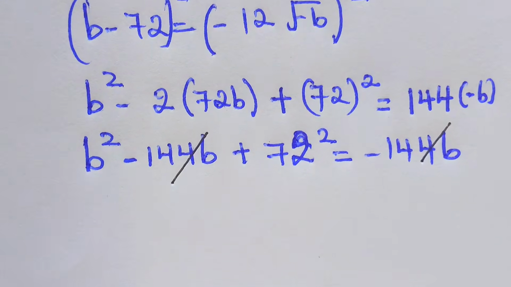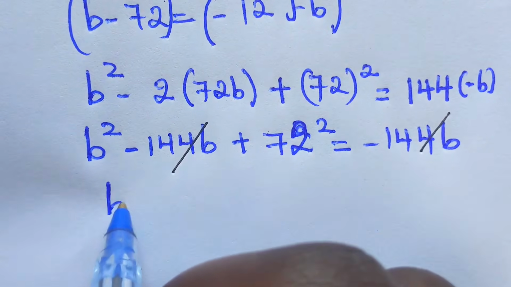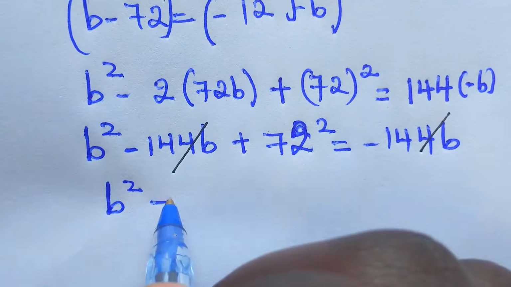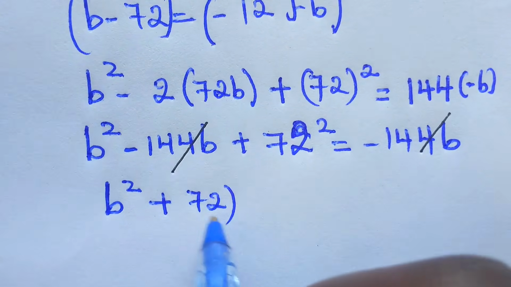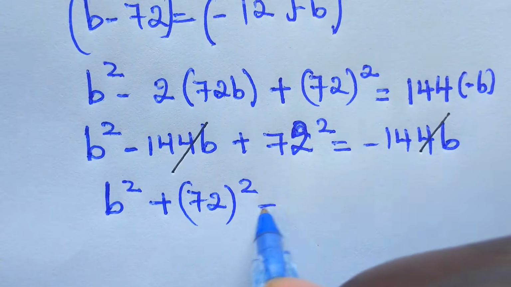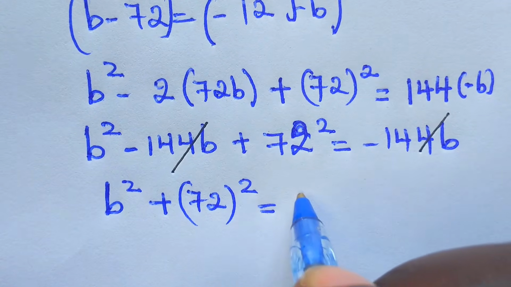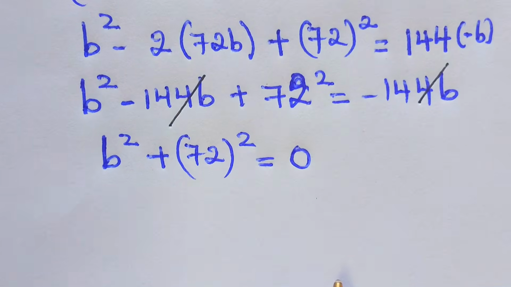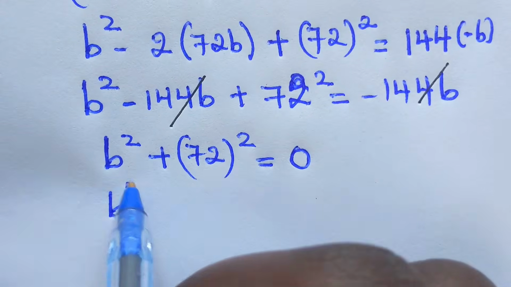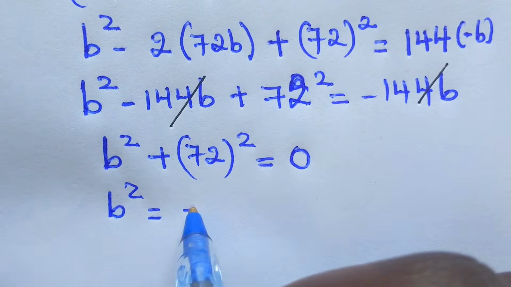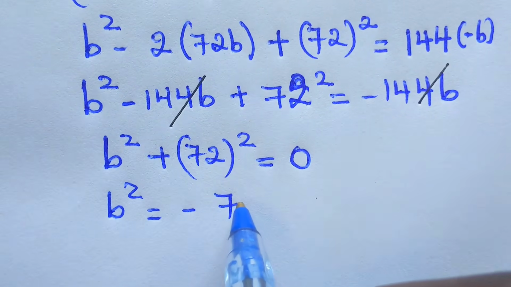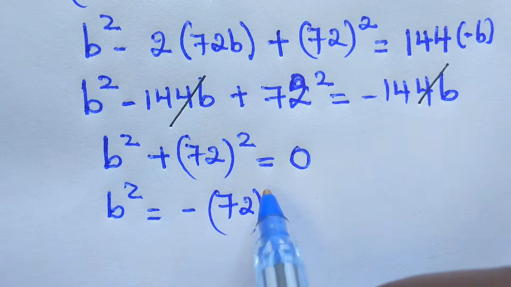We shall still remain with b squared plus 72 squared equal to 0, and then b squared equals negative 72 squared.